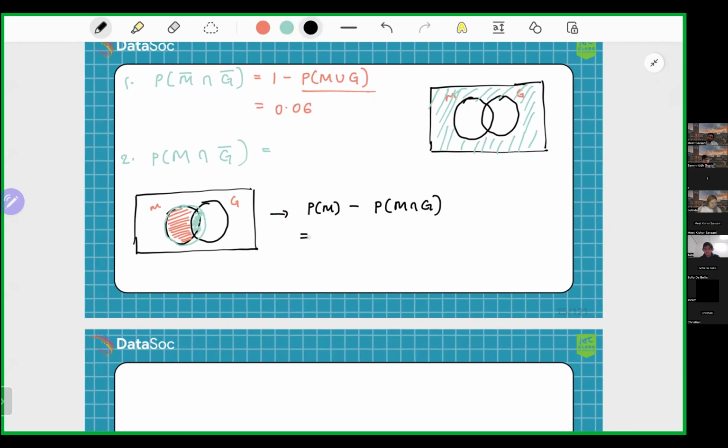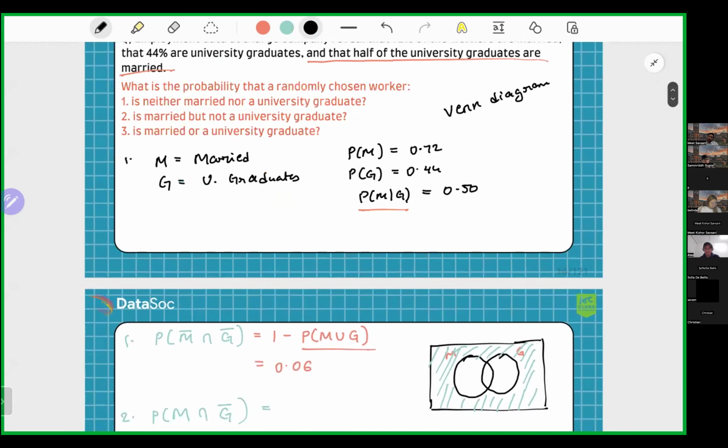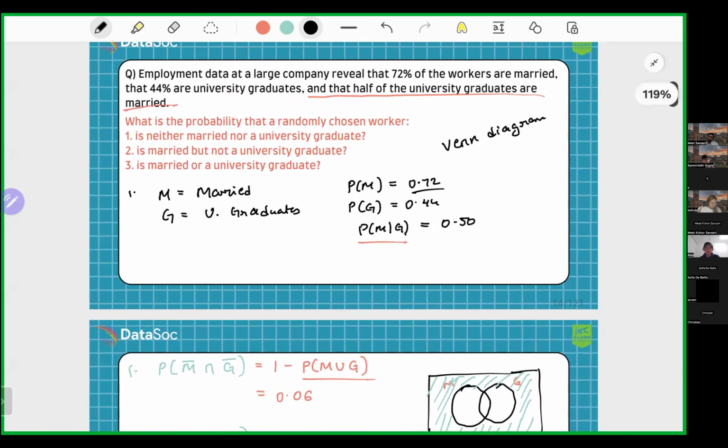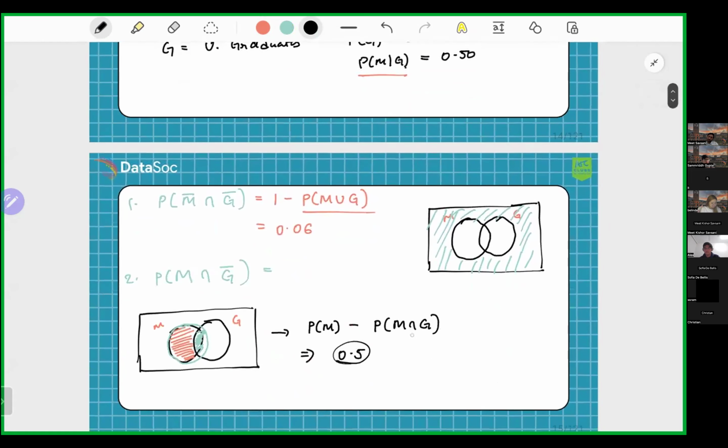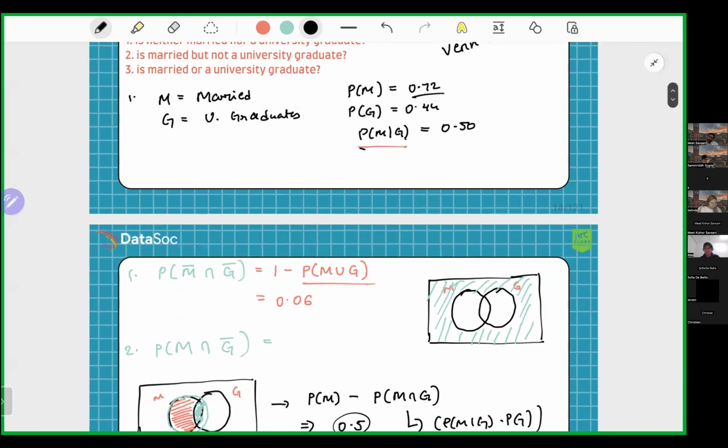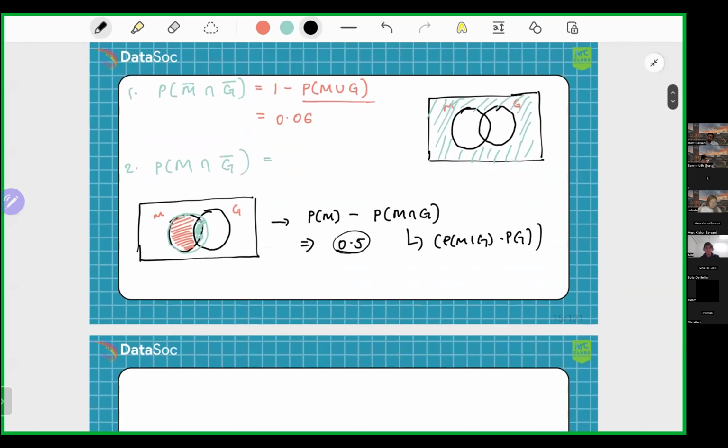After solving this, you should get 0.5. You know the probability of M, you know the probability of M intersection G. This can be calculated as probability of M given G into probability of G. You have this, you have this.